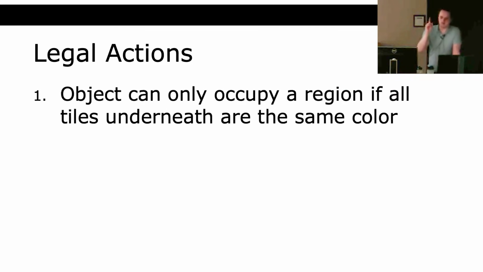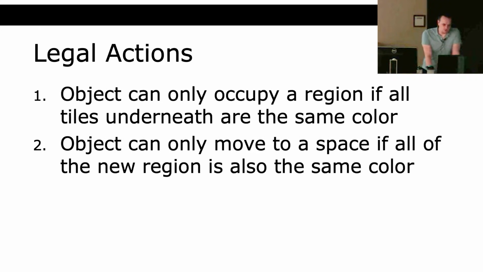So first, because now we have different object sizes, an object can only occupy a given space if all the tiles underneath are the same color, right? So if we have a 3 by 3 object, all 9 of those cells have to be the same color. You cannot have one object overlapping tiles of different colors.